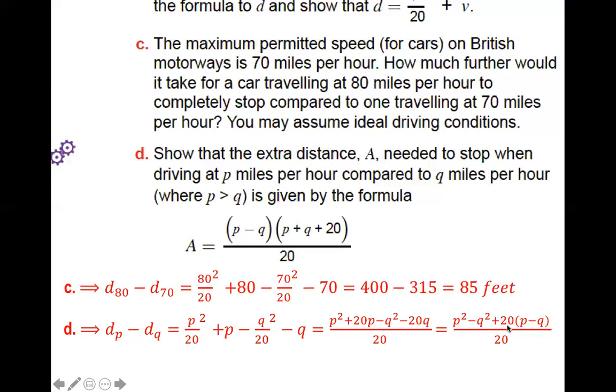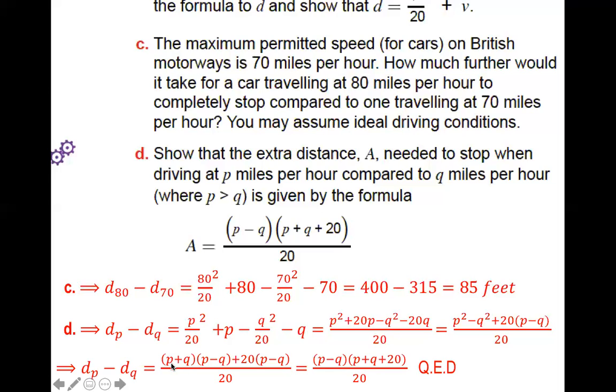Or you can just say, I'm going to factorize that. And this is where they're looking for you to observe that you've got a difference of two squares here. Remember when we did a squared minus b squared? It's a plus b times a minus b. So they expect you to see that and say, I can rewrite this as p plus q times p minus q, plus 20 times p minus q.